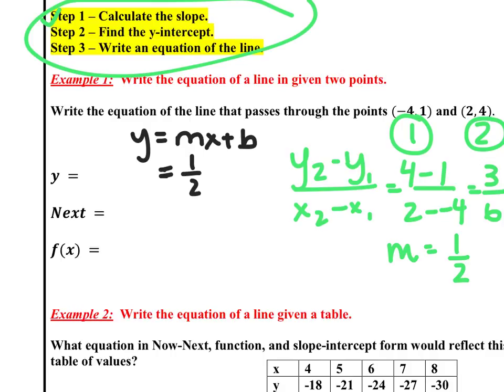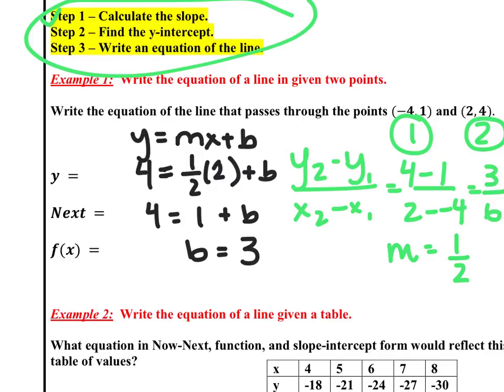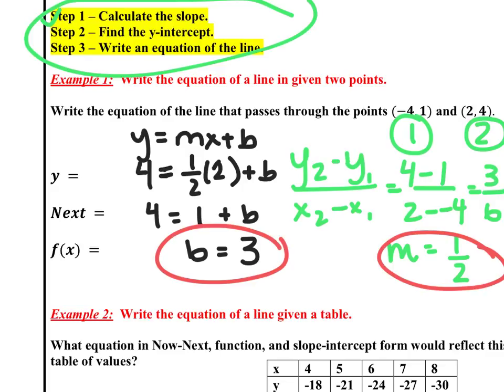So I'm going to choose a second point because it's all positive. And go ahead and multiply that out. You get 4 equals 1 plus b, and so you know that the b has to be 3. So I have the 2 most crucial pieces of information that I need for all 3 forms here.